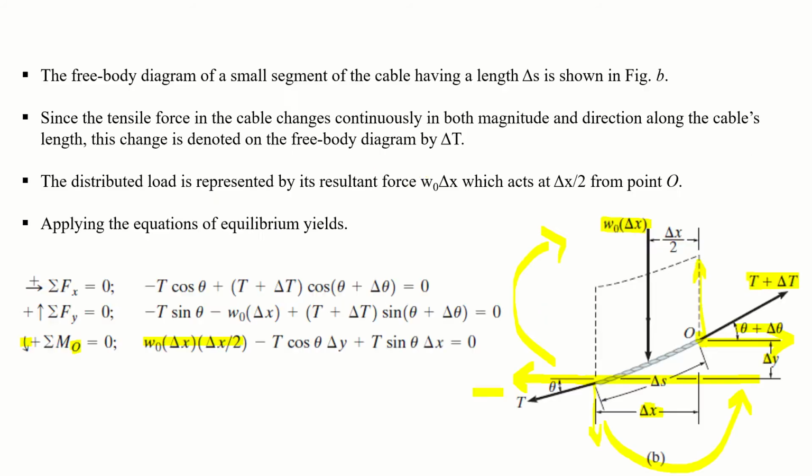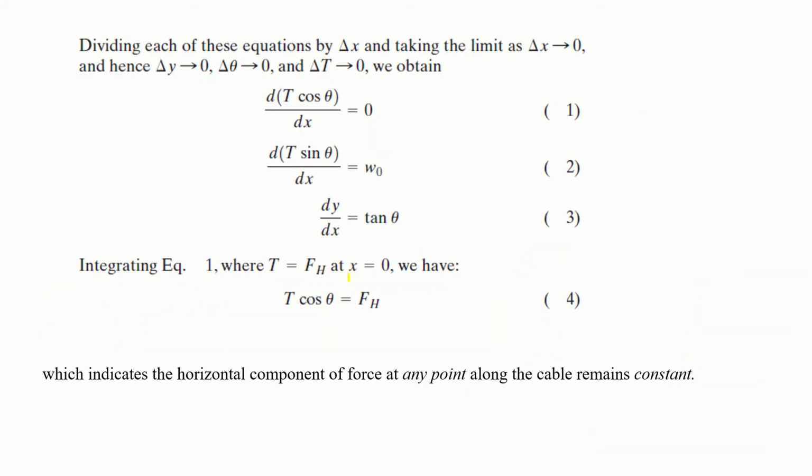So we have T cos theta is equal to FH. This is your established equation that at (0, 0) your tension in the cable will be equal to the horizontal reaction at that support, which indicates that the horizontal component of force at any point along the cable remains constant.